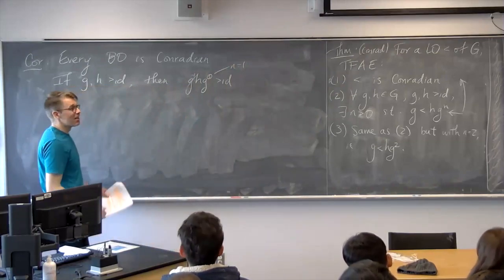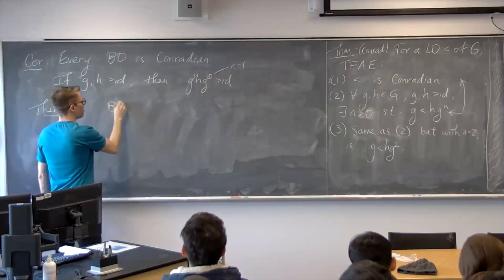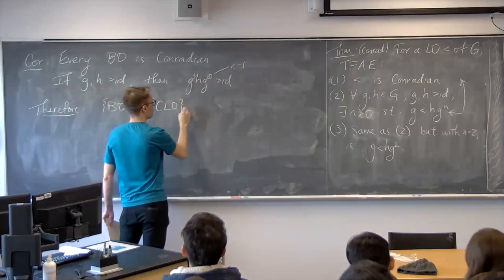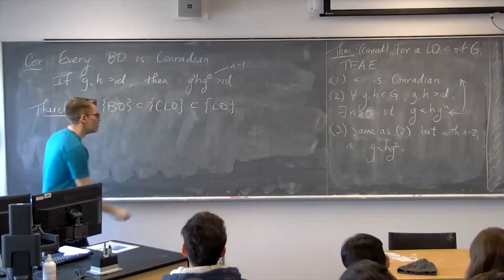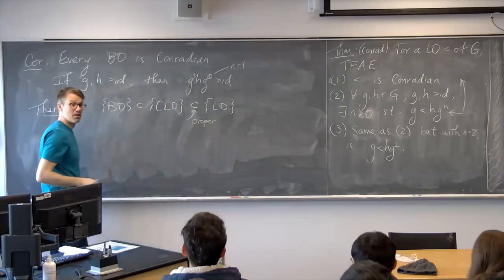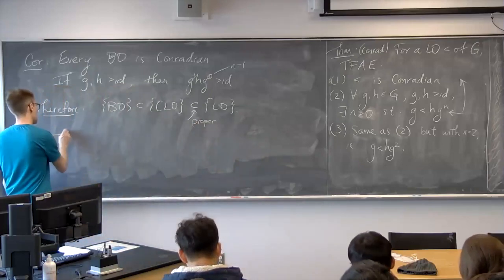And so therefore what we have is bi-orderable groups contained in Conradian left orderable groups contained in left orderable groups. And we know that this is proper. So far we know that at least there's a containment here, but in one line I can tell you that it's proper.